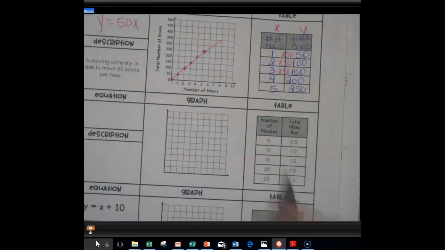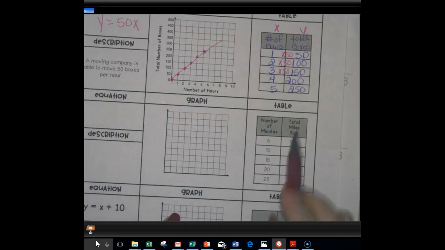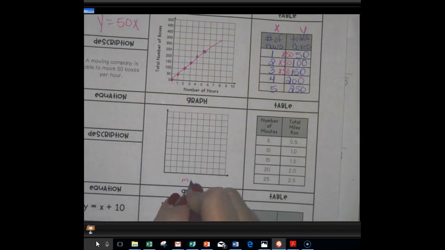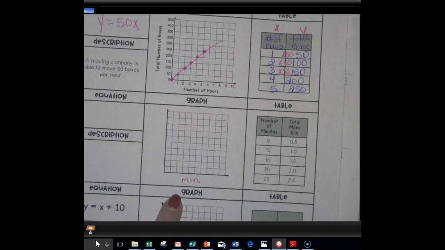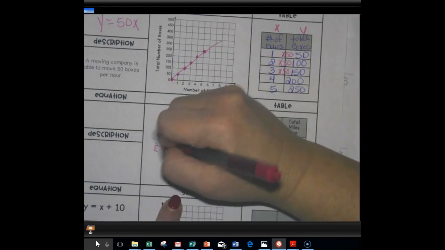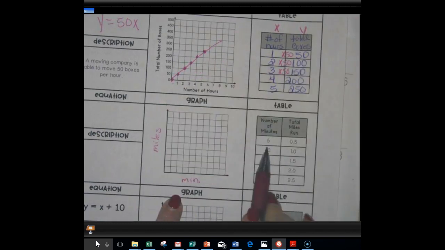So let's look. Number of minutes and total miles. So this is going to be minutes, and this is going to be miles. 5 to 0.5, 10 to 1, 15 to 1.5.